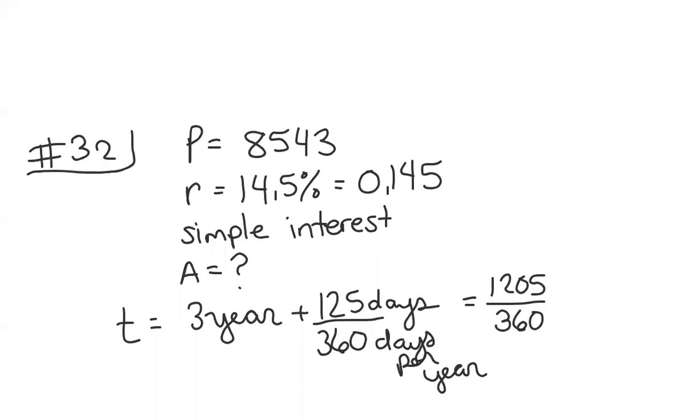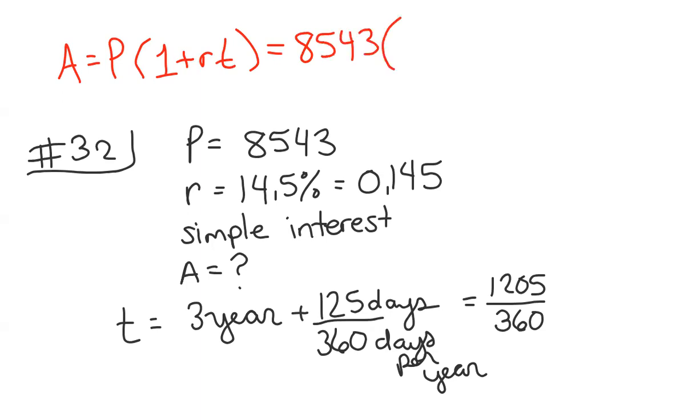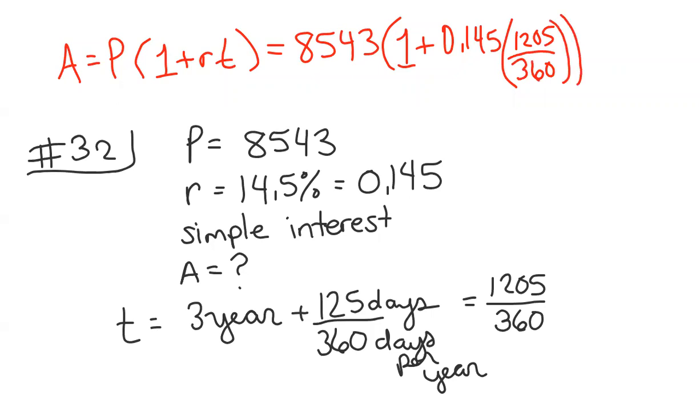And now, let me go to the top, I guess, because I've got all this below. So A equals P times 1 plus RT, which gives me 8,543 times 1 plus 0.145 times 1205 divided by 360.